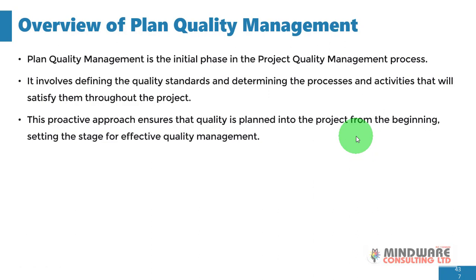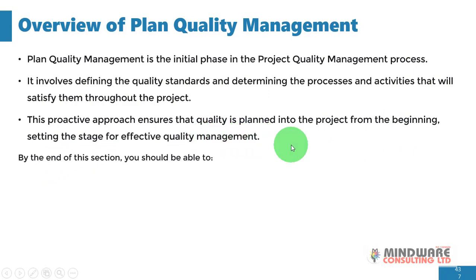You can't wait until the end of the project to start checking, are we doing the right thing? Is our work up to standard? No, that's already too late. At the beginning of the project, that's when you start setting the stage for effective quality management. So this is very important.